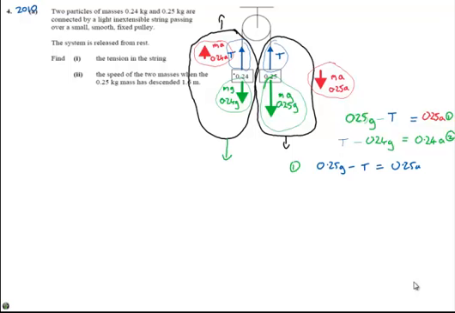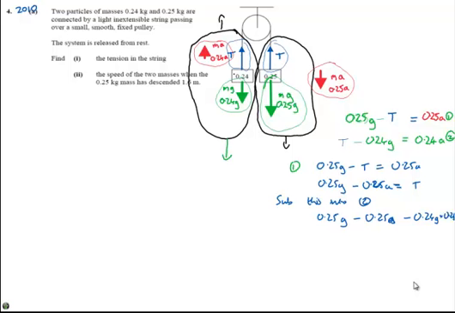Getting t on its own, we have 0.25G minus 0.25A is equal to t. Now we can sub this into equation 2.